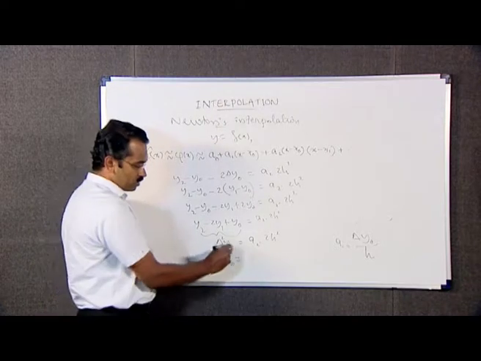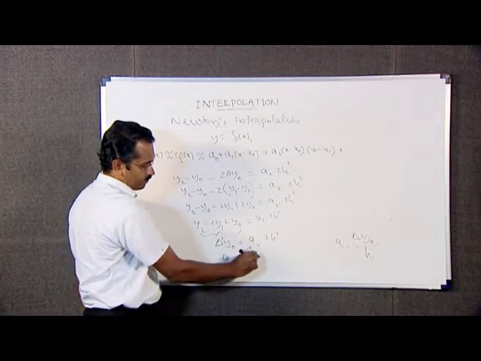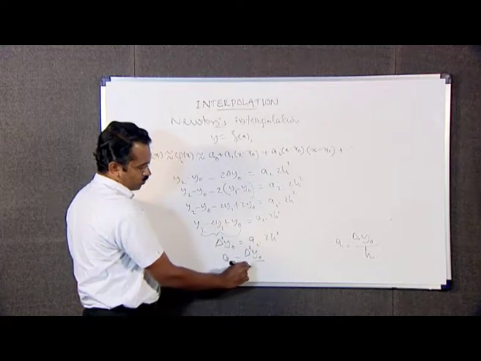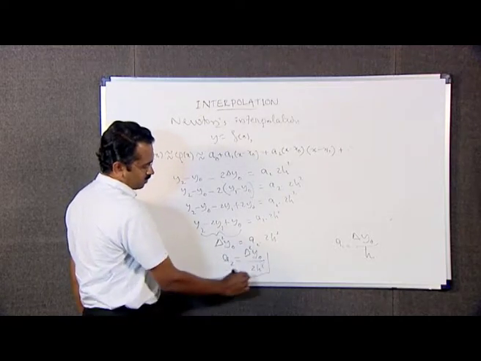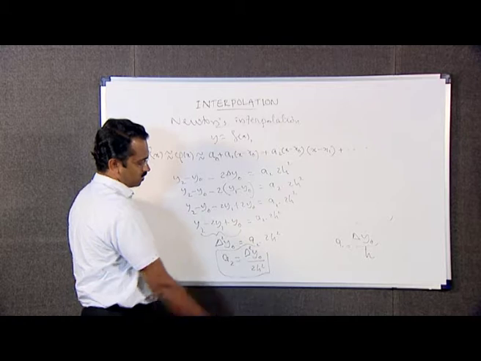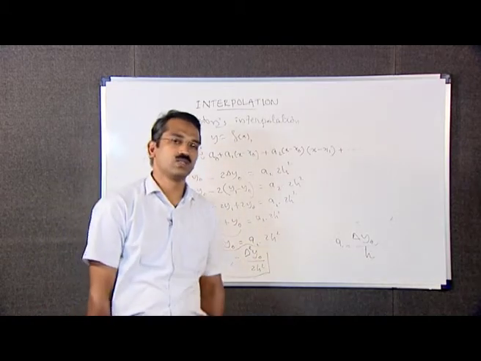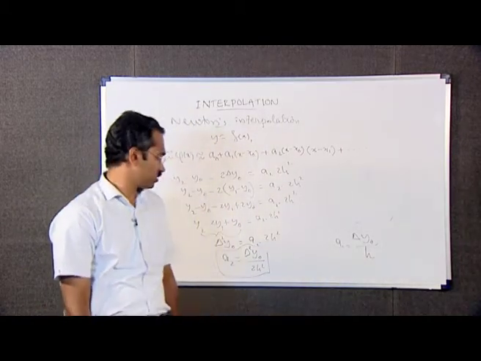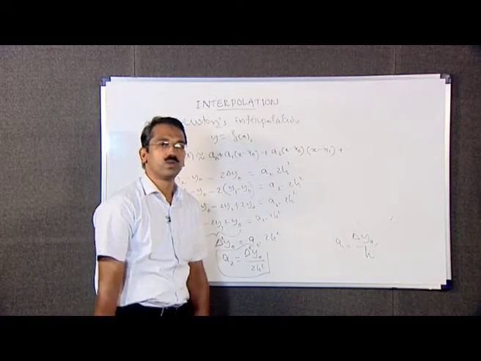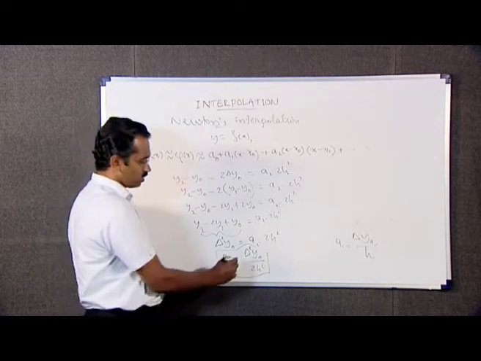delta square y naught divided by 2h square. This is the constant a2. That is a2 is equal to delta square y naught divided by 2h square, where 2 means 2 factorial.